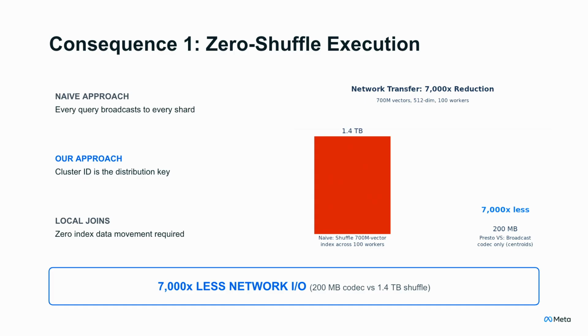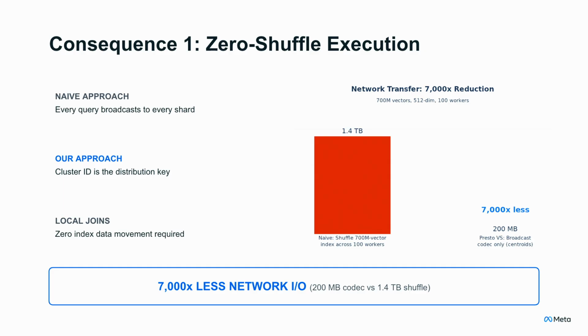Imagine you partition your cluster into 10K centroids with an mprobe of 10 and 100 workers. Each query only needs to hit 10 shards. As a result, you only search 0.1% of the corpus.